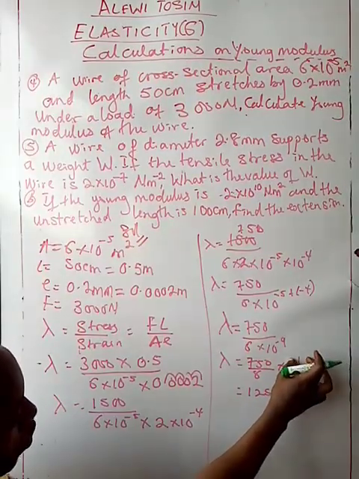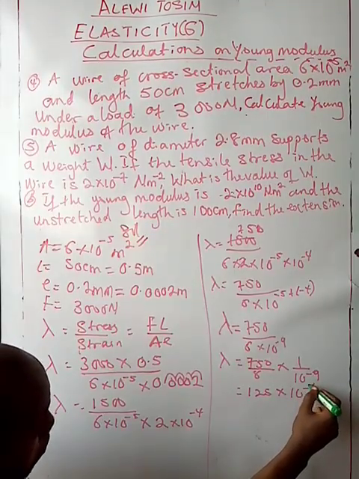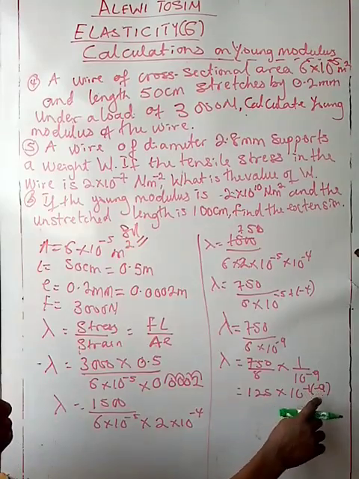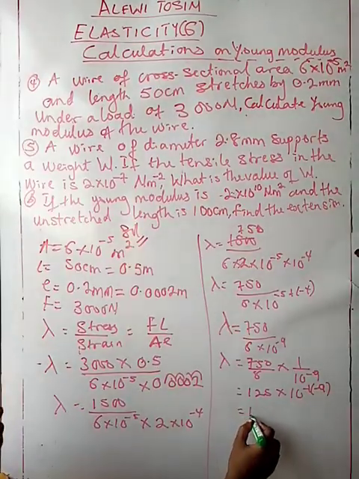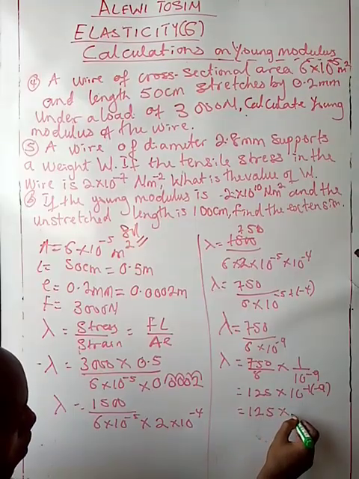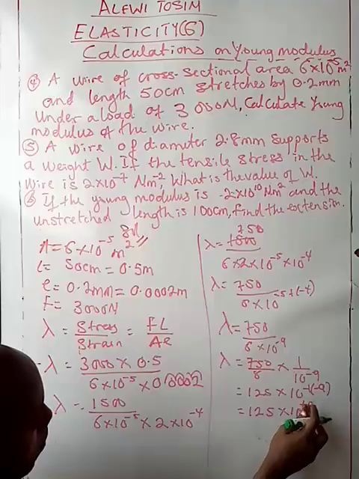From indices, this 1 over becomes minus 1 times minus 9, which gives us 125 times 10 raised to power plus 9. That's 10 raised to power 9.